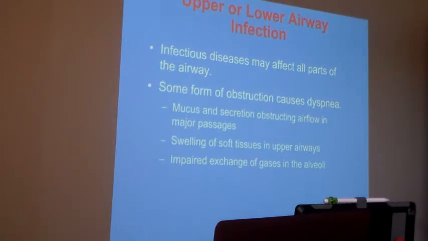Okay. If you have swelling of the soft tissue in the upper airway, and we're going to talk about some diseases that specifically deal with that. Specifically, things that cause stridor, like croup. Okay, impaired exchange of gases in the alveoli. Again, because of atelectasis, because of stiffening of the alveoli, or because of the fact that you have mucus built up and gas can't get to the alveoli.